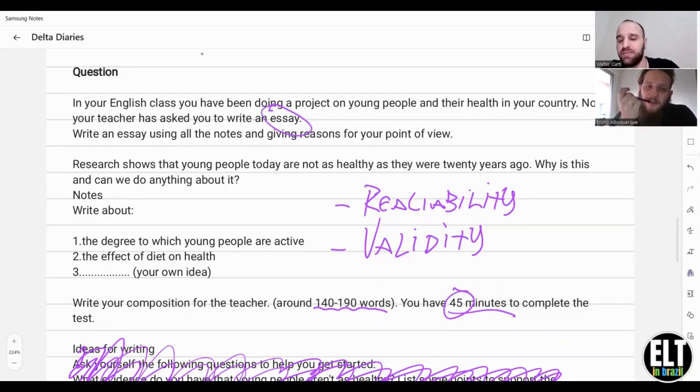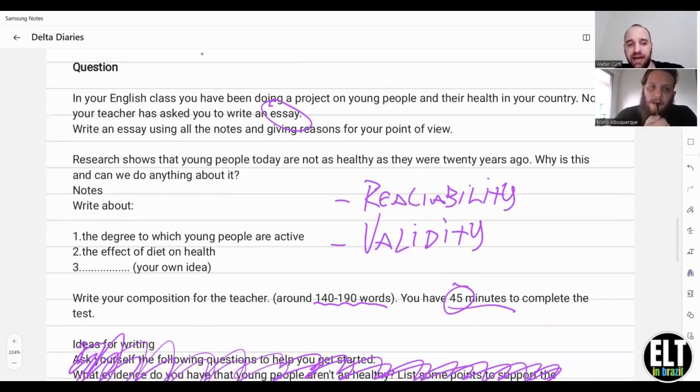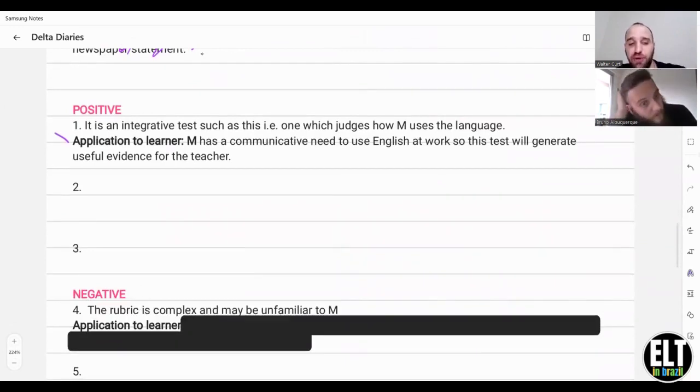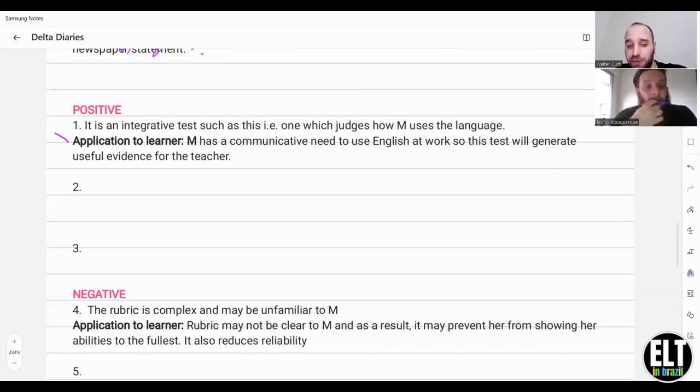Yeah, even though essays are not a very useful genre, but I mean, it's common, it's useful for a doctor, school. Maybe they read a lot of essays, right? I don't know. Well, I left an example here. For example, the rubric is complex and may be unfamiliar to M, and then the rubric may not be clear to M, and as a result, it may prevent her from showing her abilities to the fullest.